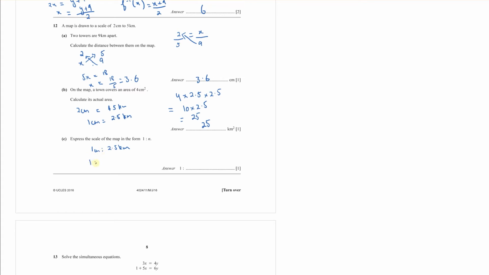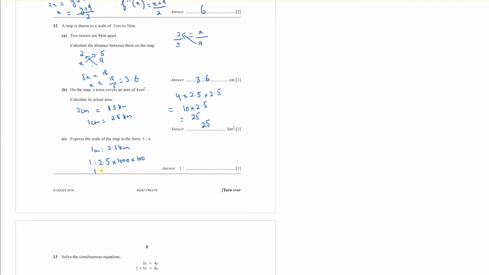So 1 ratio, if I convert 2.5 kilometers into centimeters, so you have 2.5, and this is in kilometers. If I convert it into meters, I have to multiply it by 1,000. So I have meters now, then I have to convert it into centimeters. So I have to multiply the meters by another 100 to convert it into centimeters.